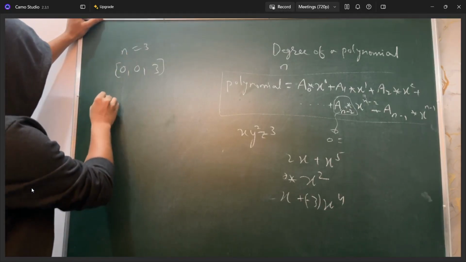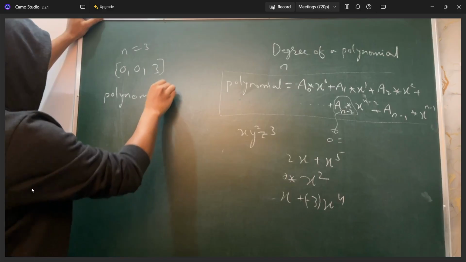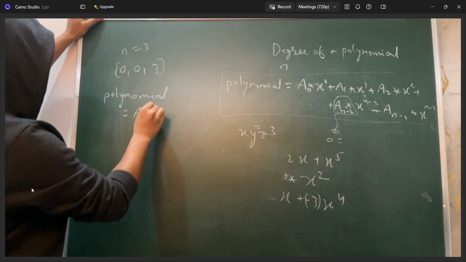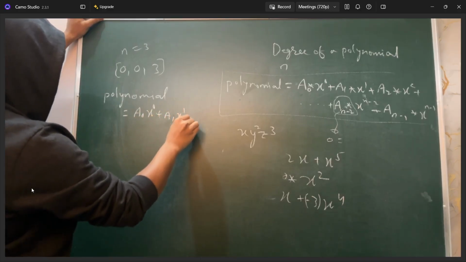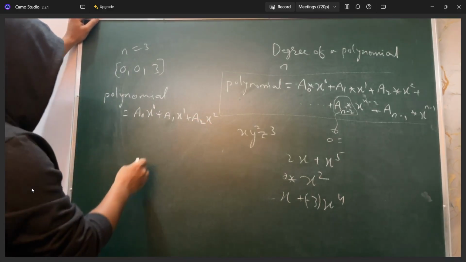So when you have three terms, your polynomial will look something like this way, and it is going to be a0 x power 0, a1 x power 1, a2 x power 2, right? This is the degree, polynomial.